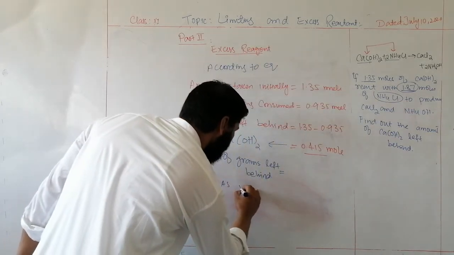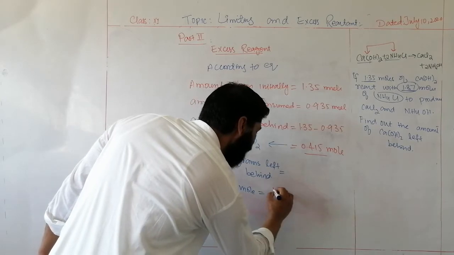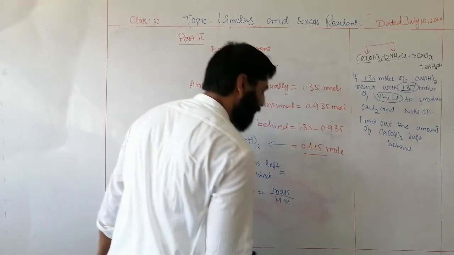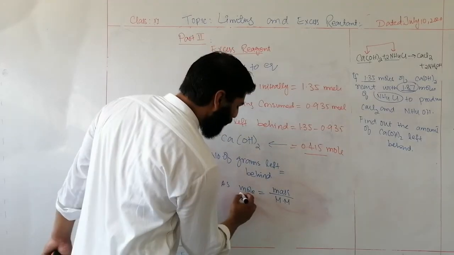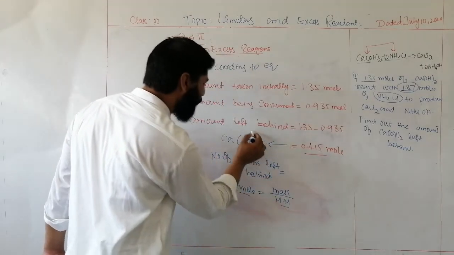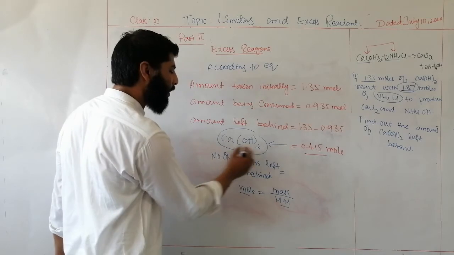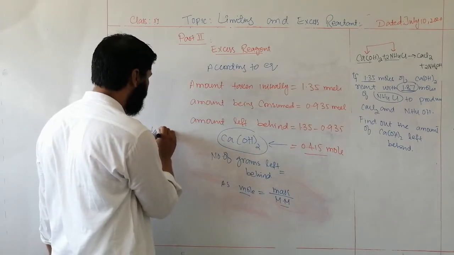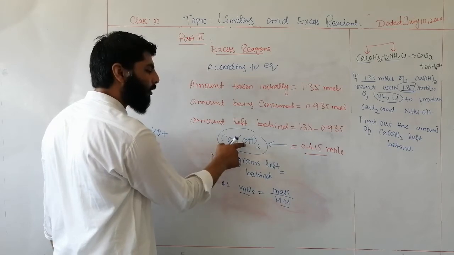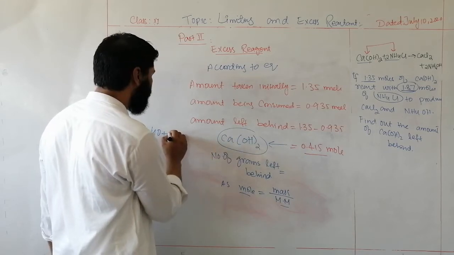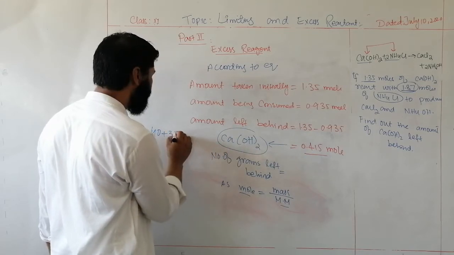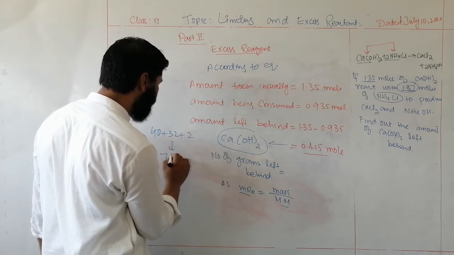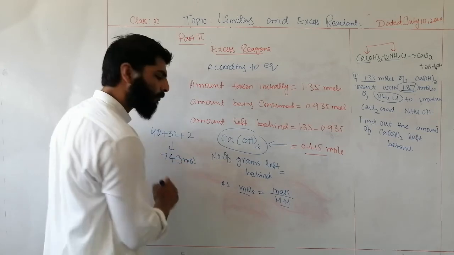As moles is equal to mass divided by molar mass. Moles are given and molar mass can be calculated from here, and it will be calcium 40 plus oxygen 2, 16 twos are 32, plus 2 hydrogen 2, it will be 74 grams per mole.